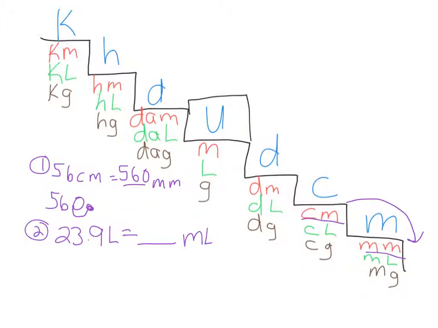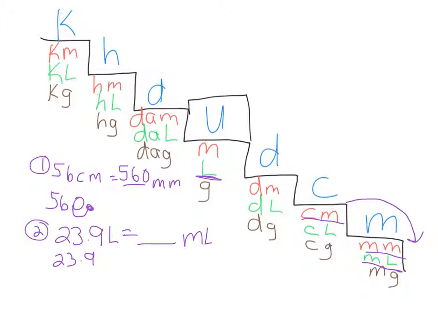Okay, so I would find liters, and liters would be here, and then I would find milliliters, and whoa, milliliters is way down here. And I just need to follow that same process. So 23.9, here's my decimal between a 3 and a 9.